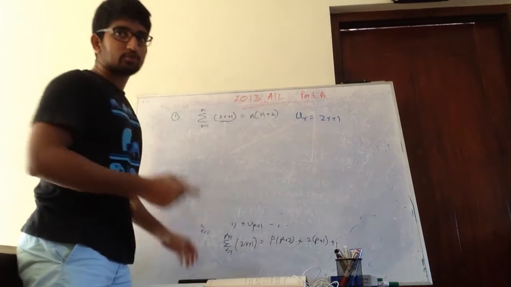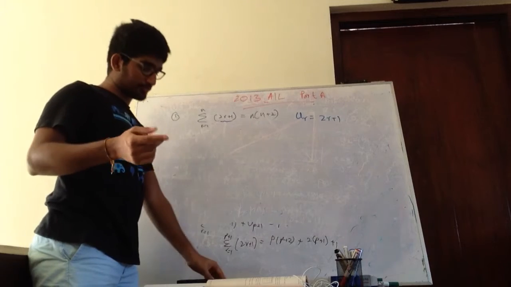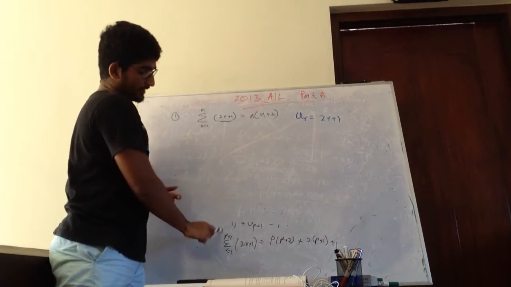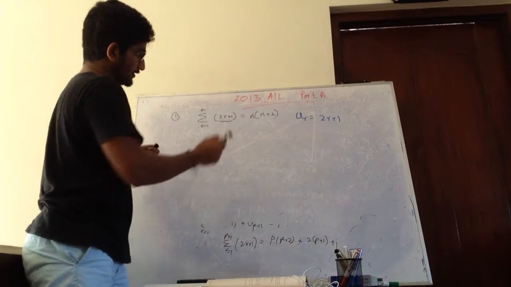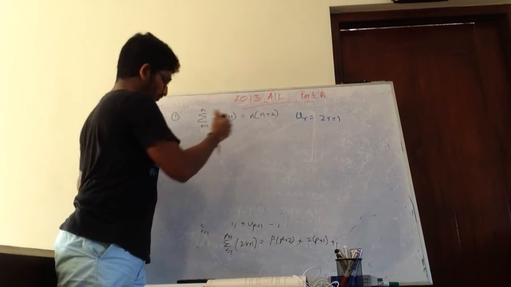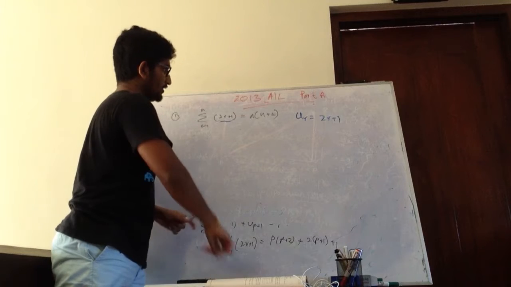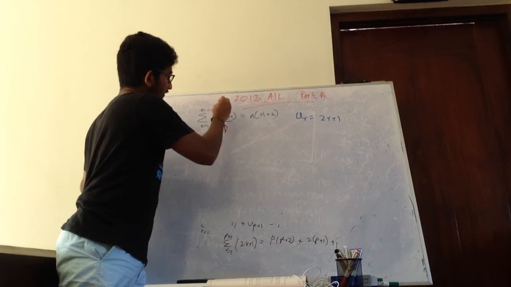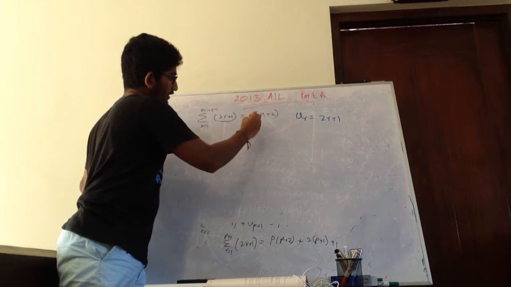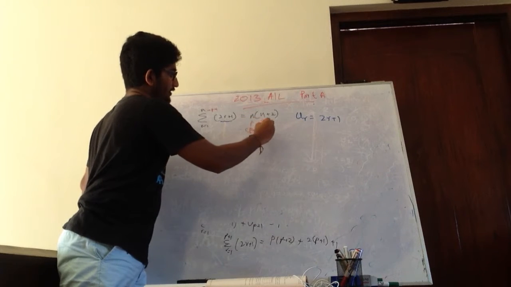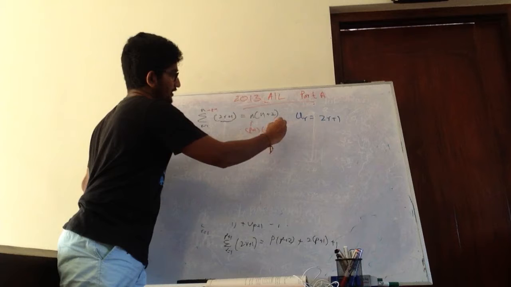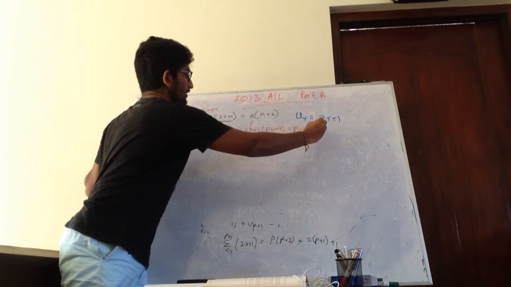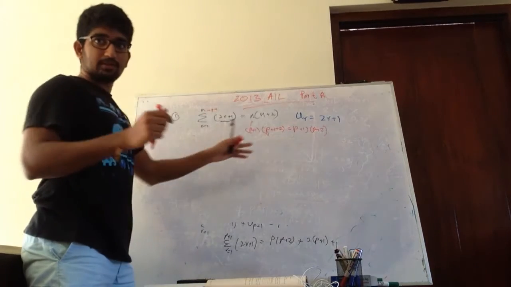So now what do we have to prove? We have to prove that the sum up to p plus 1 will be what? We need to prove that this goes to p plus 1. This should be p plus 1 into p plus 1 plus 2, that is p plus 1 times p plus 3. So remember we have to prove this.